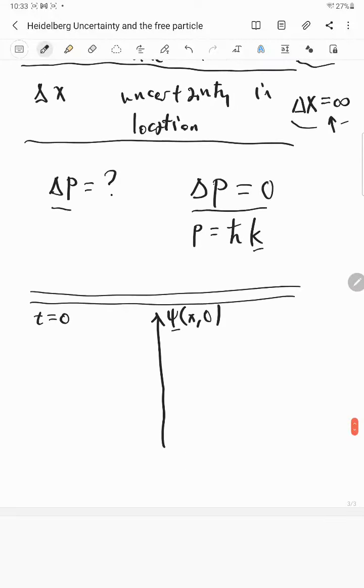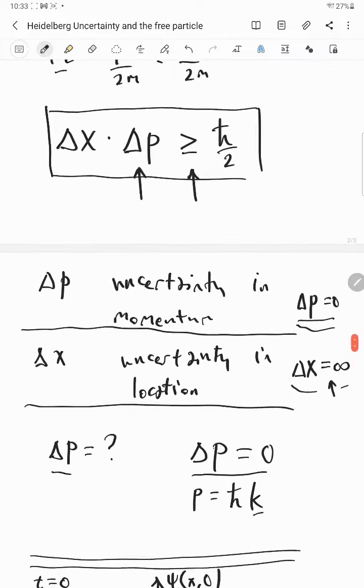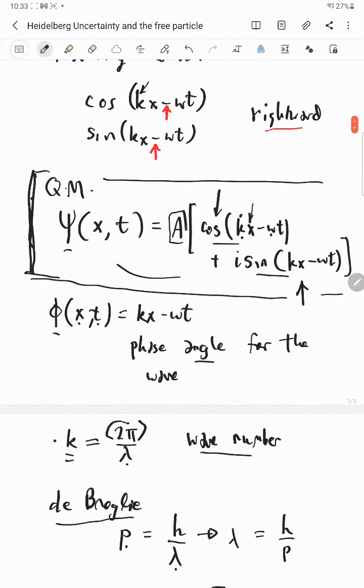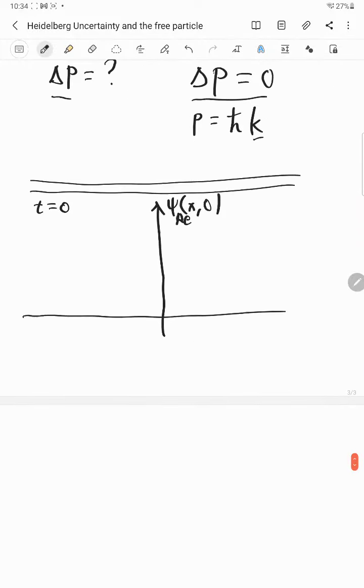Instead, I'm going to imagine drawing the real part and then the imaginary part separately. Let's say we normalized this so that a was a real number. Then the real part is the cosine aspect, and the cosine just looks like this, right, for all x's out to infinity. And the cosine, you notice, never is different.